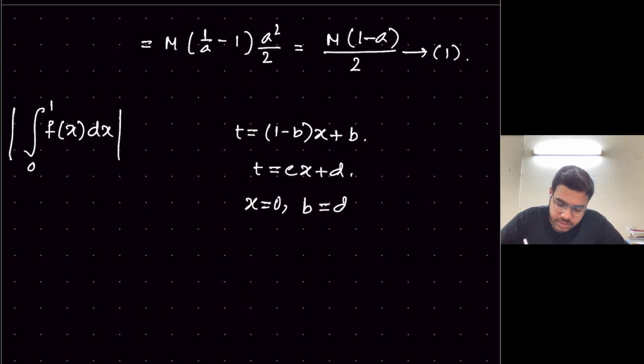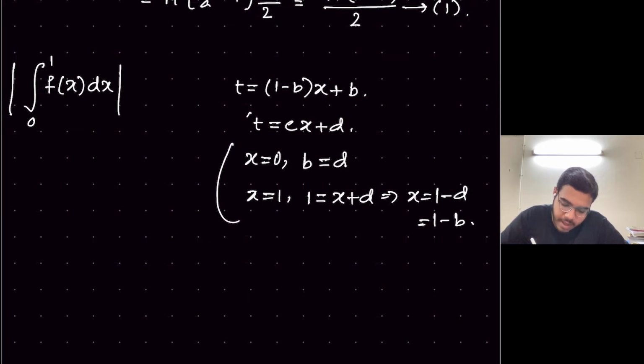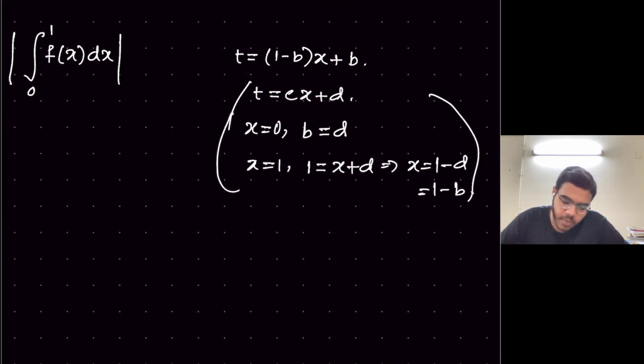So b equals d. And when x equals 1, I want the upper limit to be 1, so t to be 1. So 1 equals c plus d, so c equals 1 minus d, which is 1 minus b. So that's why my t will be (1 minus b)x plus b.